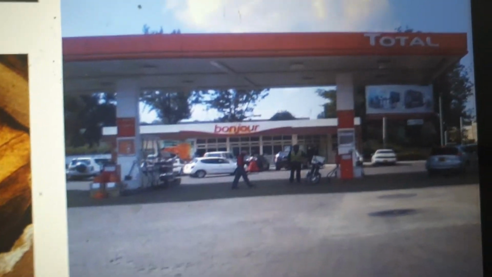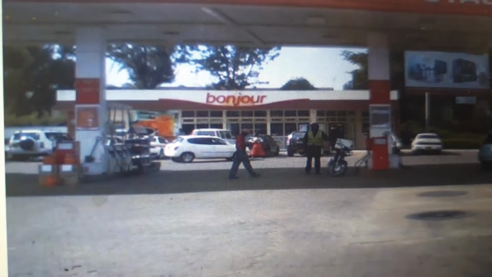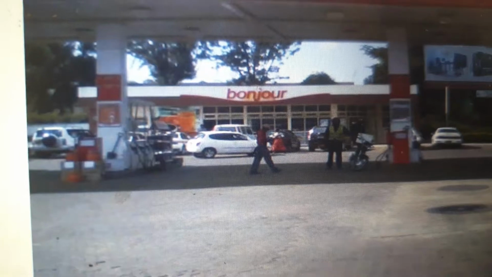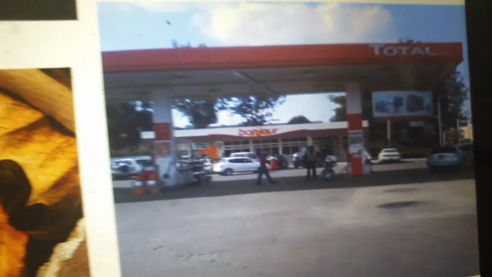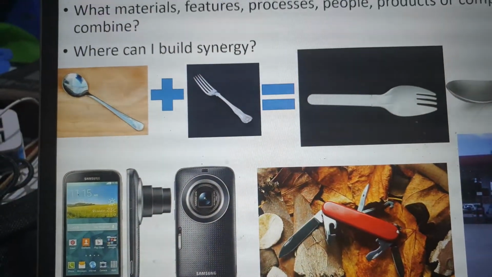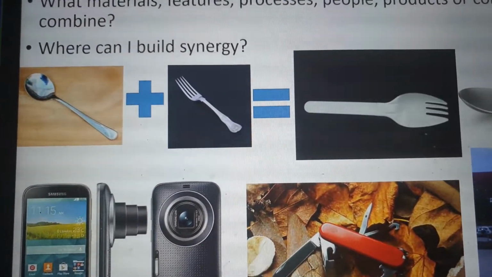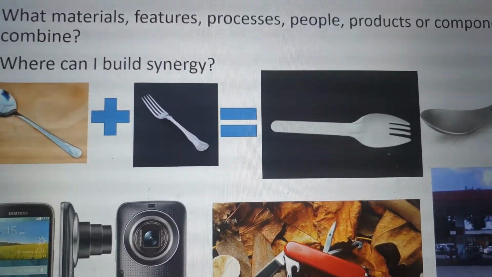You can see that this is a petrol station, but there is also a restaurant. So petrol station combined with an eating house. So this is combined. Bring two existing businesses together and you will be in business.